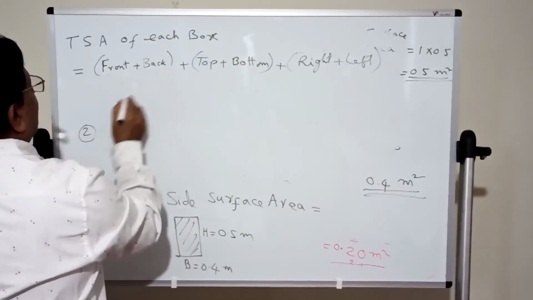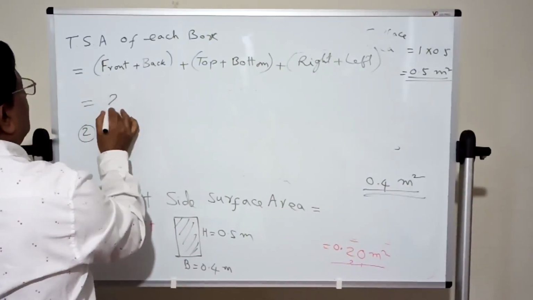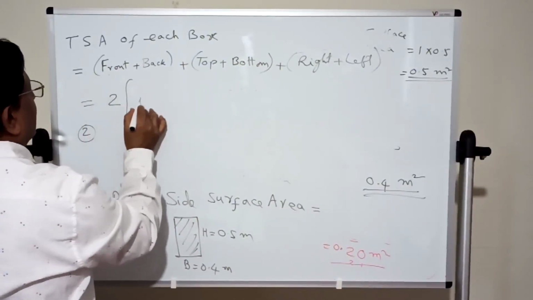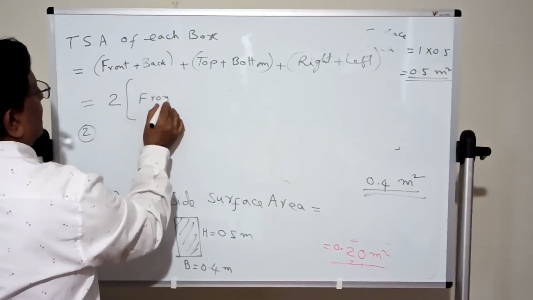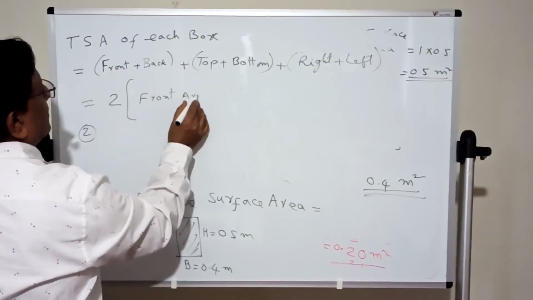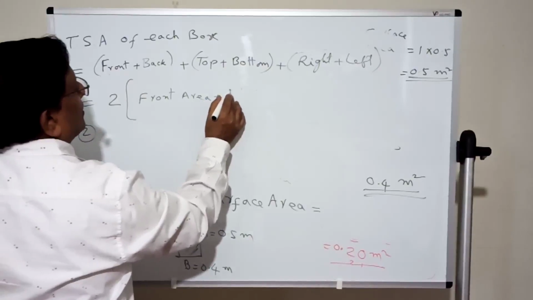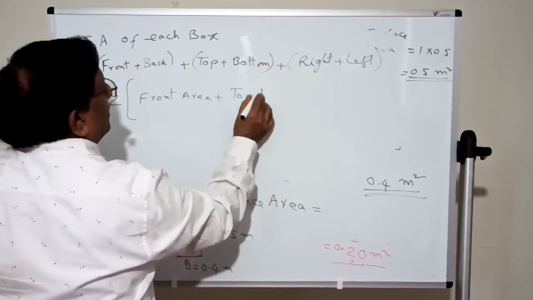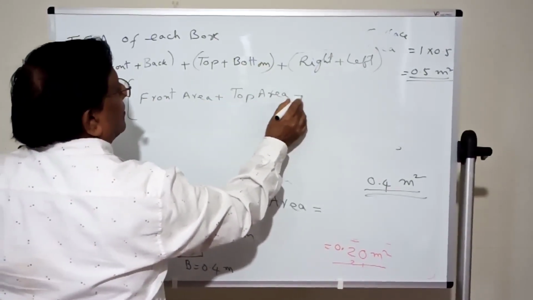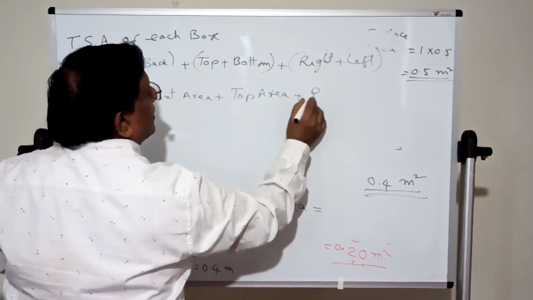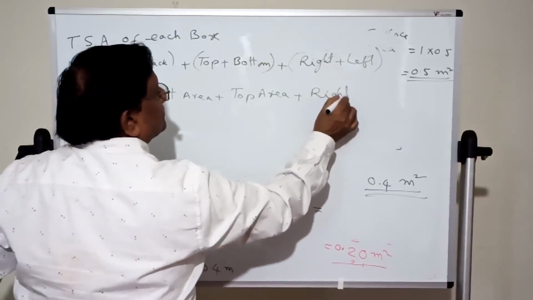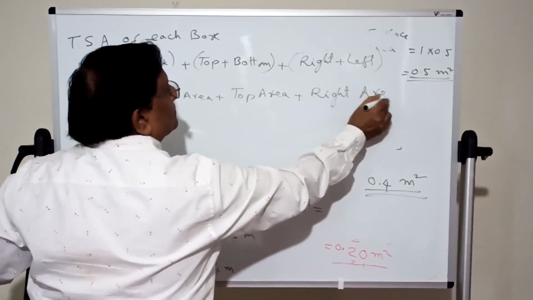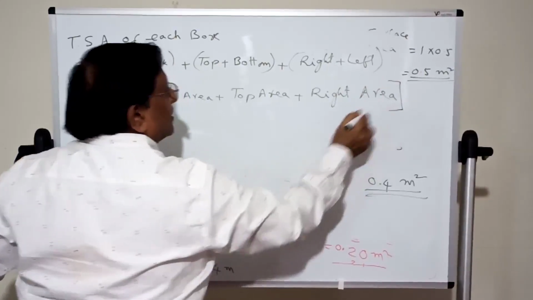Because these are all equal, you can also write 2 times in a big bracket: front area plus top area plus right area. Bracket close.